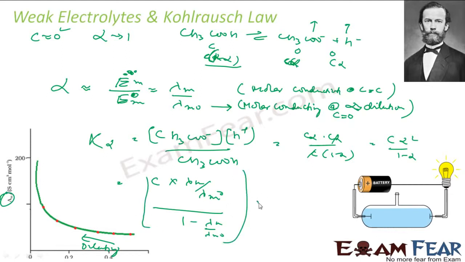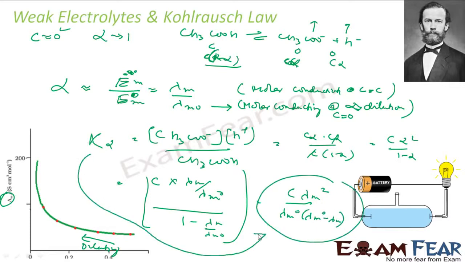If we solve it, you get C into lambda m square by lambda m naught into lambda m naught minus lambda m. This is the value of the equilibrium constant. You can find it using lambda m naught and lambda m, that is, the molar conductivity at infinite dilution and the molar conductivity at the point where you want to find the value of K.